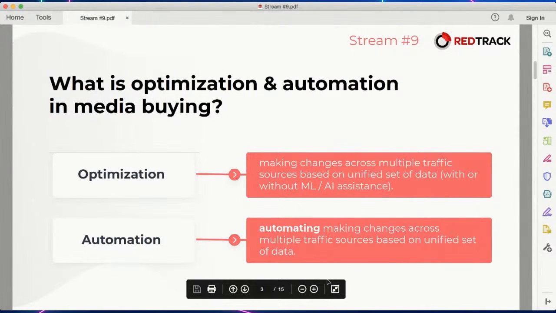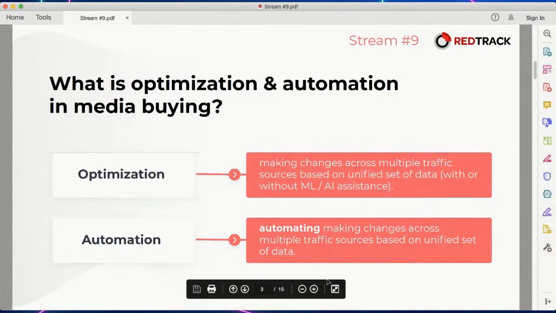The difference, at least in our opinion, between optimization and automation is that optimization is making changes across all the traffic sources that are driven by decisions that probably fall outside of your influence.